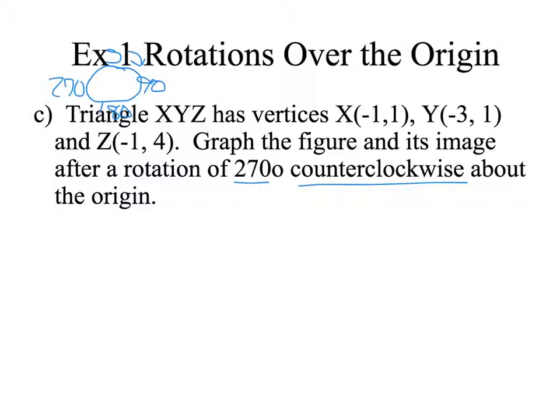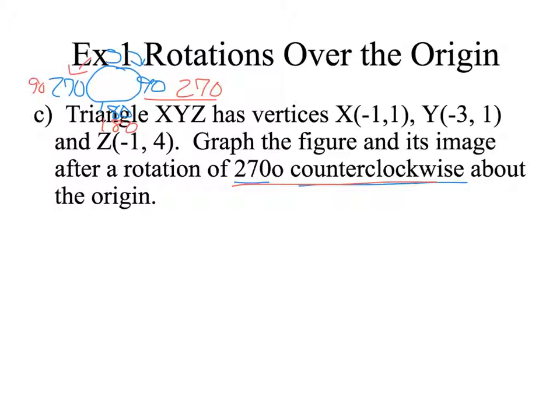Well, now we're moving counterclockwise. We're moving the opposite direction. So counterclockwise, 90 goes first, 180 still 180, but the 90 becomes my 270. So 270 counterclockwise is actually 90 clockwise.